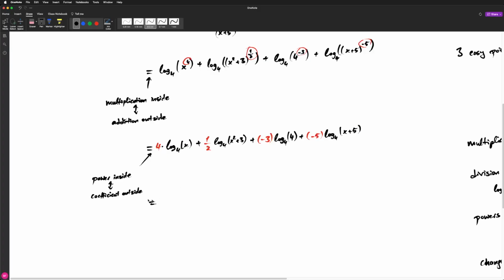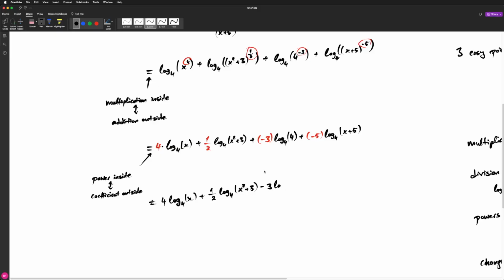Okay. And I'm almost done, except there is one more piece I can clean. The first term, I don't see anything I can do. The second term, the same thing. You have to be a little careful. There is no rule that says addition inside is something outside. So this is where we stop. And that plus minus, that's just a minus.